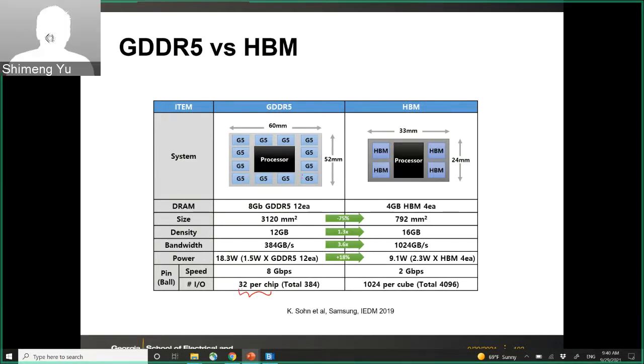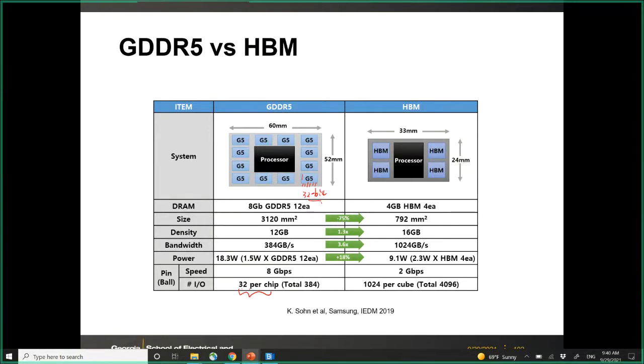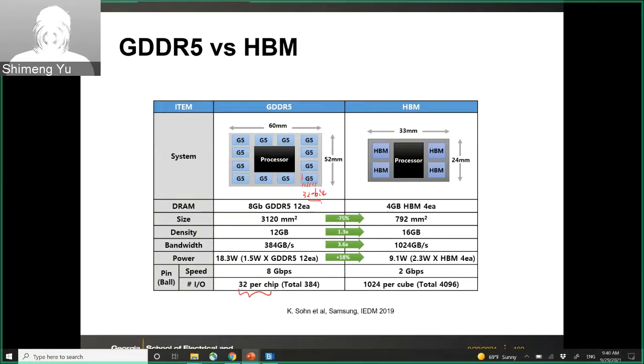So this chip will give you 32 bits simultaneously through the GDDR5 interface protocol, the DDR interface we discussed before. And then you have 8 of those. So in total, you have a data bus width of like 384.